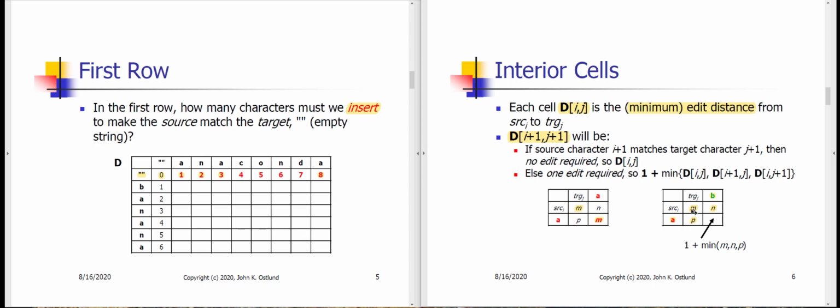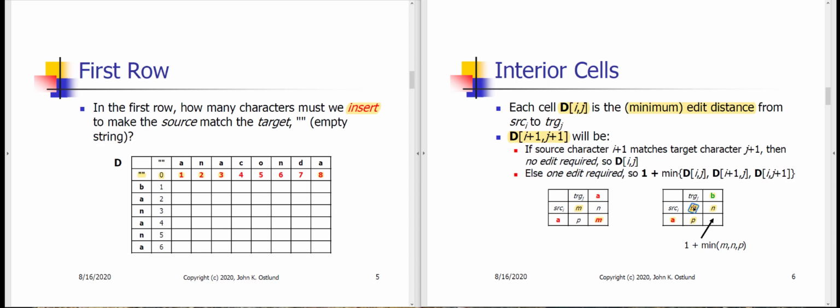Just to try some numbers here, let's suppose the edit distance to get to that point in the upper left corner of this partial piece of D takes one operation.